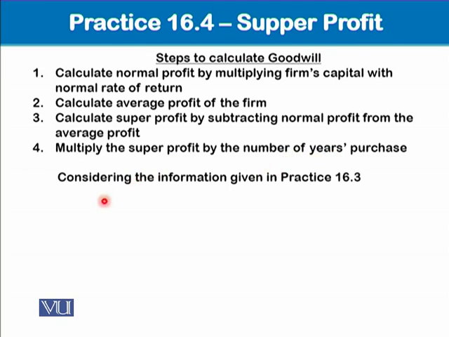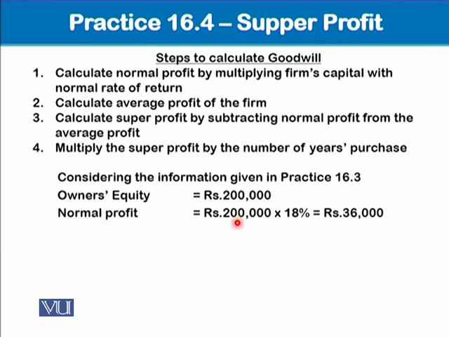So let's see, considering the information given in 16.3, which is our earlier practice question, owner's equity is equal to 200,000 and normal profit is 18%, which is the market rate of return, multiplied by the owner's equity of the firm, which is 36,000.